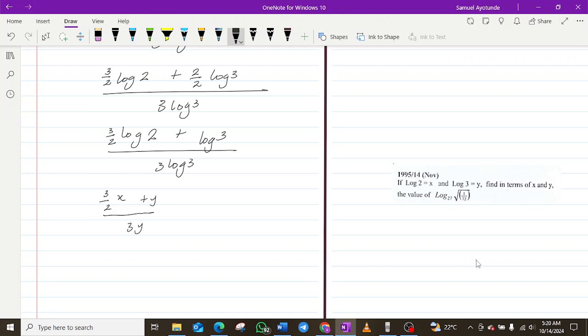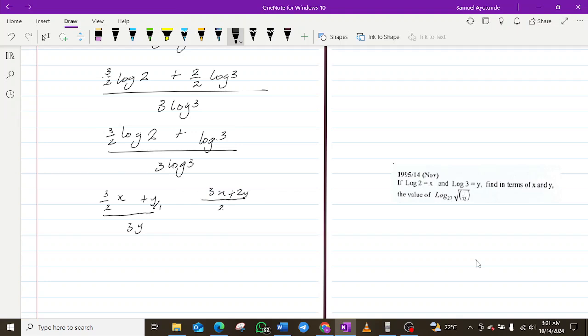So if I take the LCM of the numerator, that will be 2. Solve it as addition of fractions. I will have 3x plus 2y, then over 2.